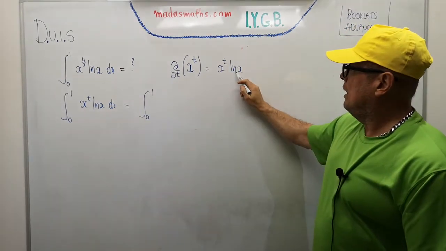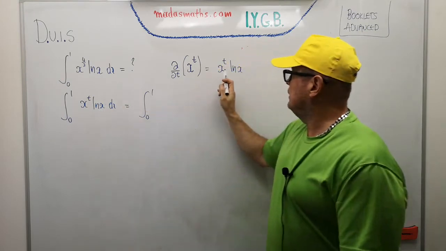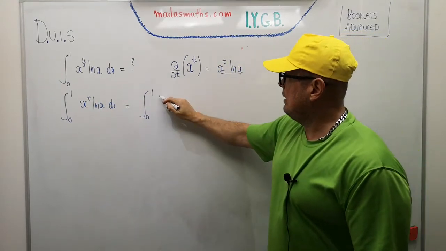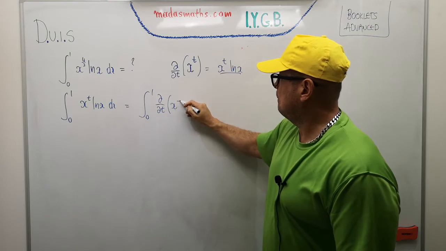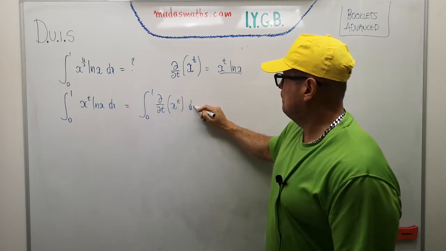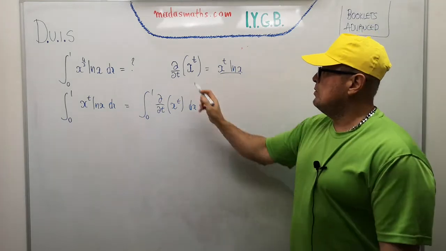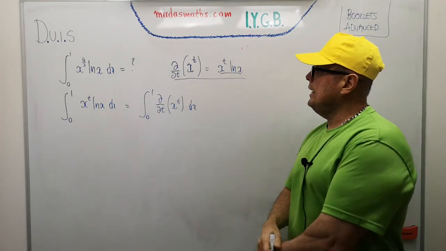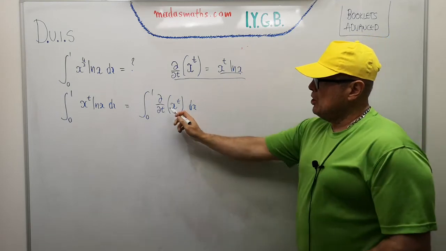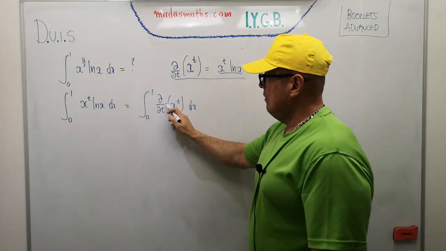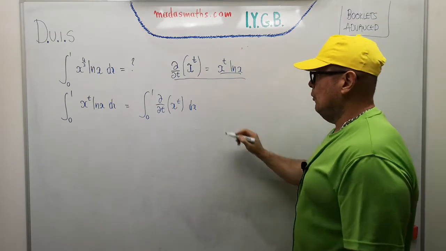Well, what I've got in the integrand here is in fact this partial derivative. We've got constant limits, so we can pull it outside the integral.